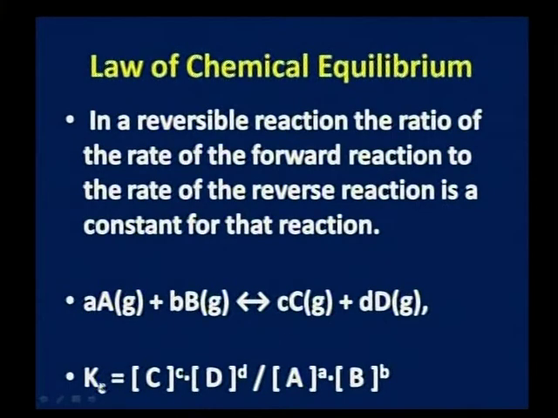For this reaction we can write the equilibrium constant as Kc, the concentration of the products C and D, each raised to the power of its stoichiometric coefficient, divided by the concentration of the reactants A and B, raised to their coefficients a and b.